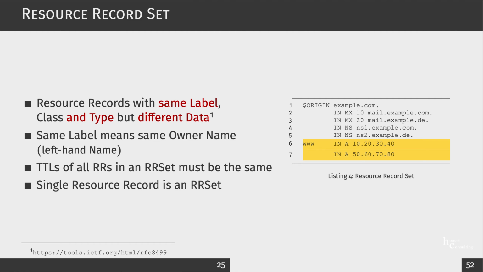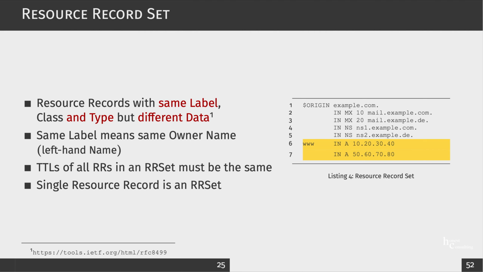And on top of this, line number 2 to line number 5, these are so-called same-as-zone records. Instead of the white space, we could type in example.com 4 times. So even this would be an entire resource record set.